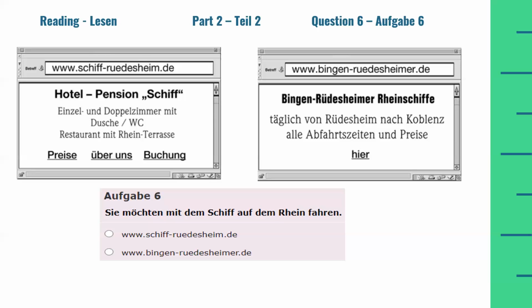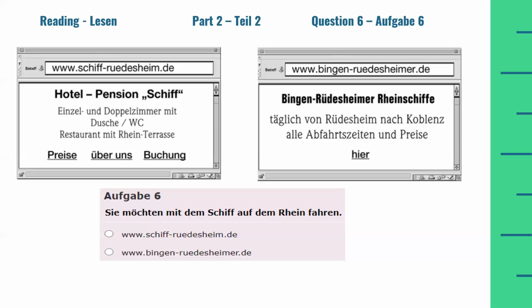And we are given 2 different advertisements, and we have to tell which of the advertisement is relevant when we want to travel on Rhine with a ship. If we look at the left hand side advertisement, it says Hotel, Pension, Schiff, Einzel- und Doppelzimmer mit Dusche, WC, Restaurant mit Rheinterrasse, Preise über uns, Buchung.